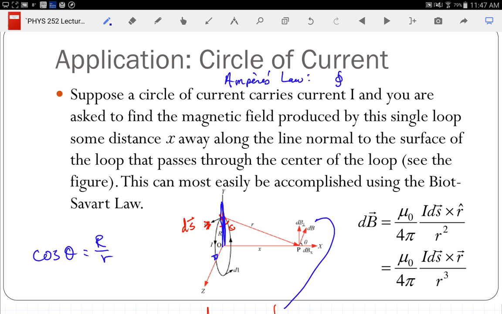The integral of B dot dL is equal to mu naught times the current enclosed. It's a very simple looking law, and it's not that hard to apply if you have a symmetry that's easy. And it won't work here because we don't have a symmetry that's easy.